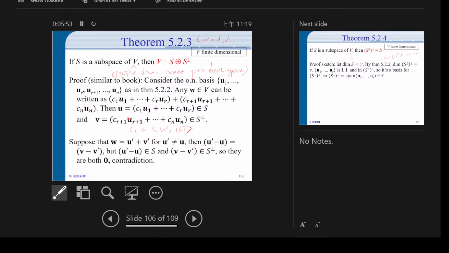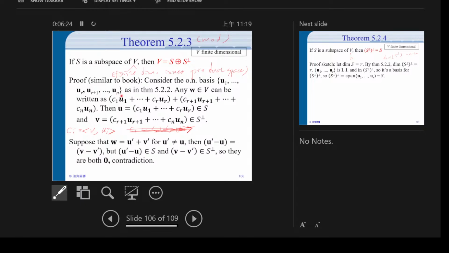It's just the inner product between V and all those Ui. So all those Ci should equal the inner product between V and Ui. And so we find those coordinates.